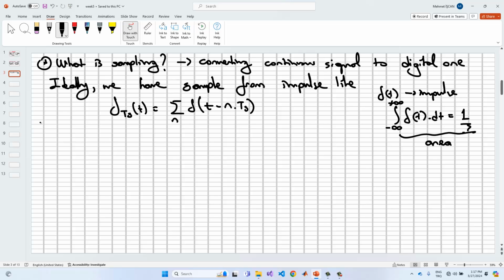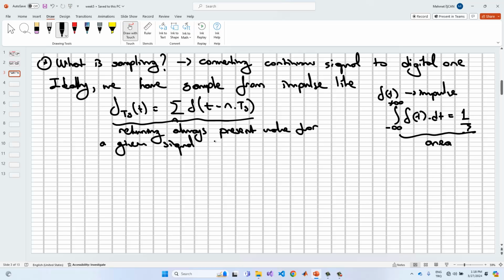Okay? So, this function always returns the present value for a given signal due to the energy constant in the integral domain, because it's a unity signal, and so it does not change anything applied on this signal form.